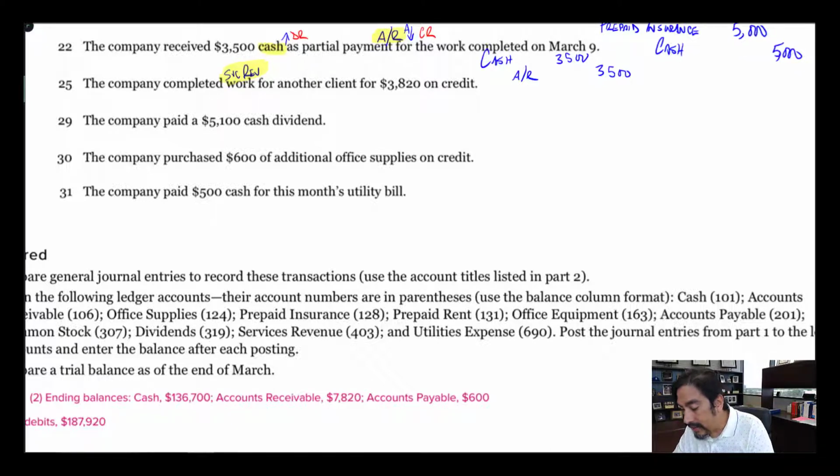And the other account, it says they didn't pay us cash, they paid us with credit. On credit, on account, with accounts receivable, or all different things that you might see. That means accounts receivable.